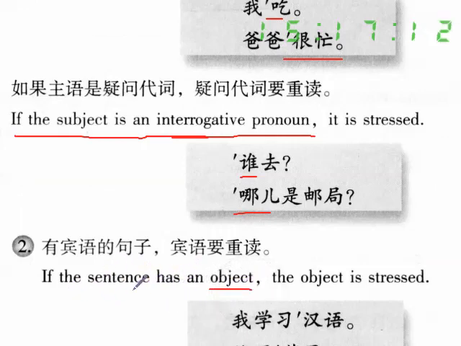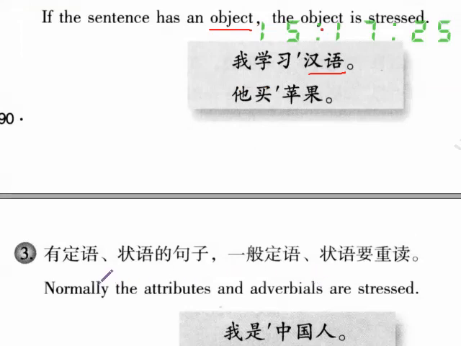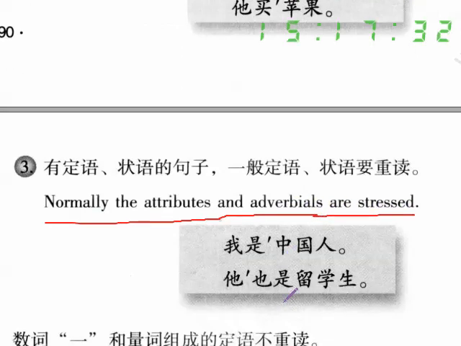If it has an object, stressed. 我学习汉语，哪儿谁去？他买苹果。Normally, attributes and adverbials are stressed. 我是中国人。他也是留学生。Attribute 我是中国人 but here the noun, 他也是 here the verb.